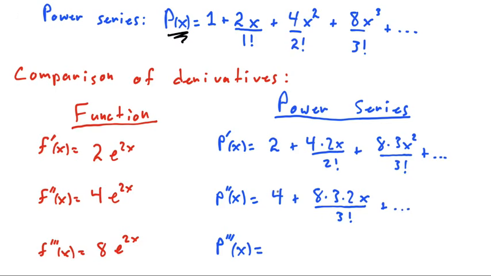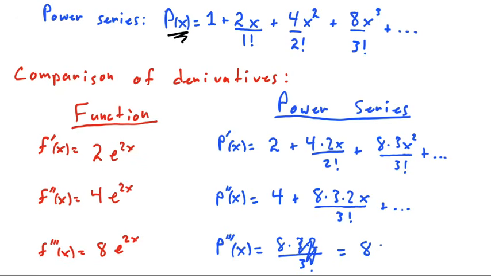If we take a third derivative, the derivative of 4 is 0, and when we take the derivative of this linear term, we have 8 times 3 times 2 divided by 3 factorial. 3 factorial is 3 times 2 times 1, so all of those factors cancel, and we're left with 8.